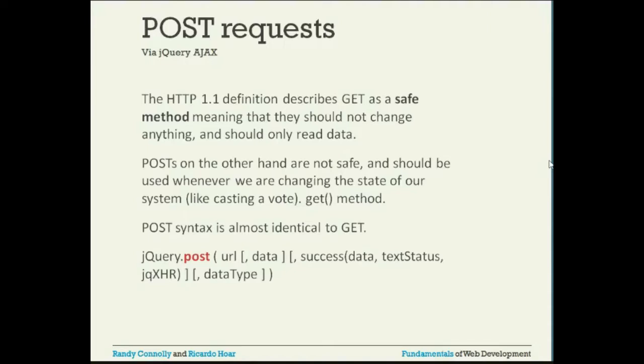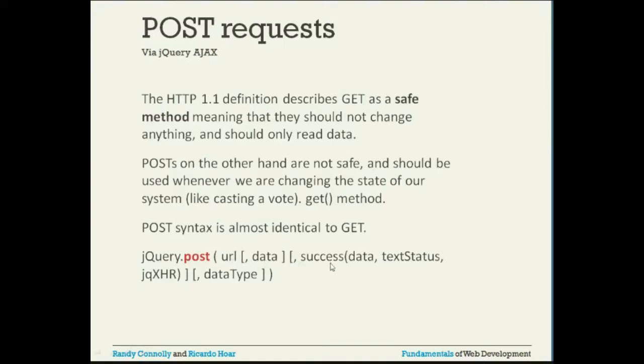Post syntax is very identical to the get syntax. Whatever get syntax we saw is almost exactly the same, except that instead of get we are going to use post: jQuery dot post. The first parameter is going to be the URL. You have to specify the URL, the resource you are looking for on the server.